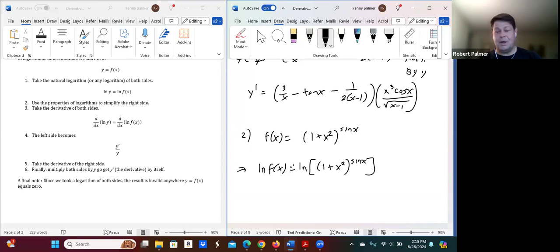Now let's simplify this side. I can bring my power down front. So the natural log of f of x is equal to sine of x times the natural log of 1 plus x squared.